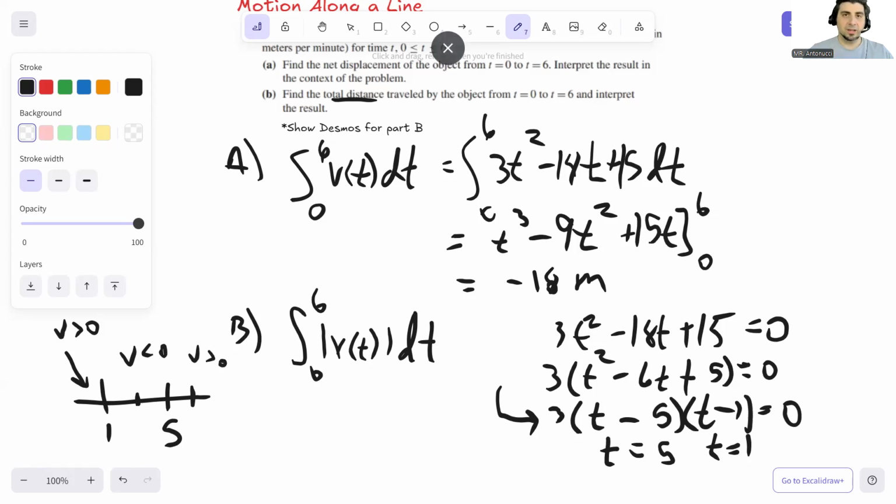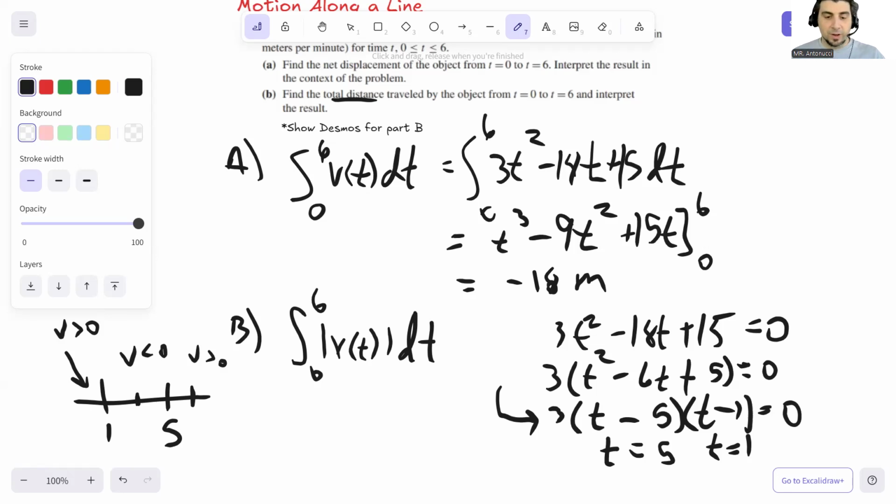So basically what we're doing is describing the movement of the object. For the first second, it's moving to the right. Then from second 1 to second 5, it's moving to the left, and then moving again to the right after 5 seconds.